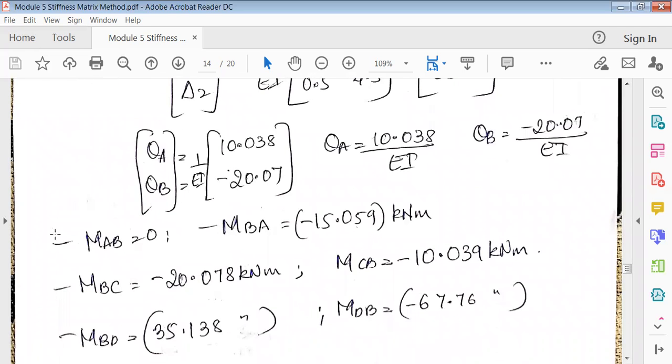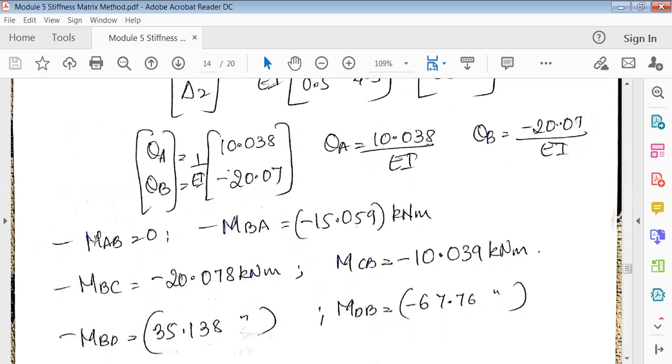Now we have the formula for this. MAB is again the same slope deflection formulas. If you want to find MAB, it is equal to MFAB plus 2EI by L, then 2 times theta A plus theta B minus 3 delta by L. Here delta happens to be 0 throughout. So no need to put delta.